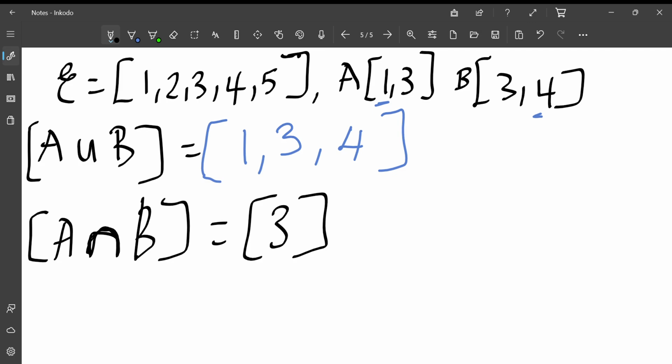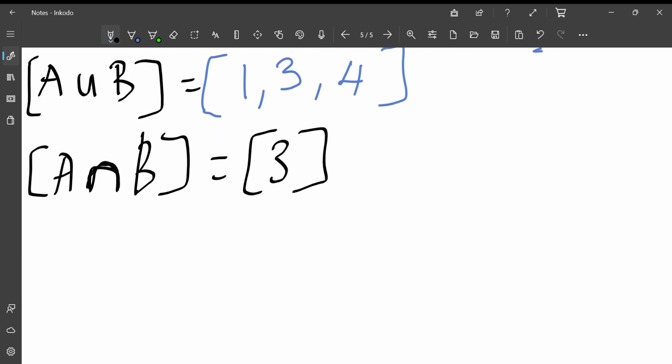Just 3 is A intersection B. So union means you look at both of them and pick everything from both sides, while intersection is picking what they both share in common. For union, you combine the two of them, but for intersection, it's only what the two of them share in common that you pick.